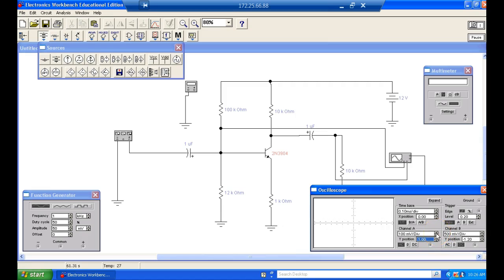On a common emitter, we're expecting a 180 degree phase shift. Oops, wrong one, Rich. I'm still doing the wrong one, guys. Somebody's going to have to take care of me.